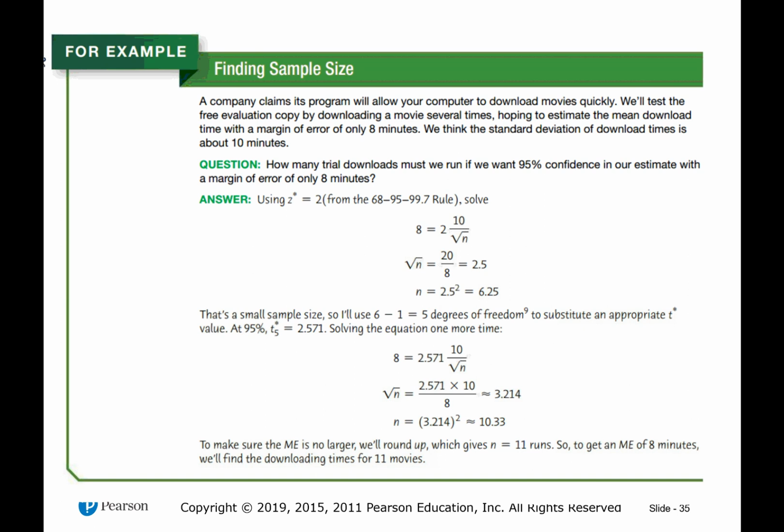We'll test the free evaluation copy by downloading a movie several times to estimate the mean download time and say we want to set a margin of error of about 8 minutes. We think the standard deviation of download times is about 10 minutes. So how many trial downloads are we going to have to run? We're going to set this as a 95% confidence interval, the margin of error of 8 minutes.